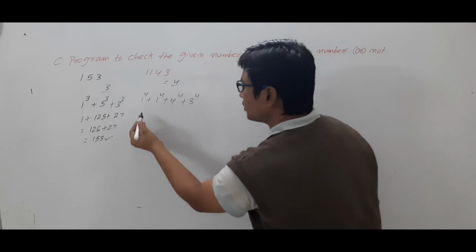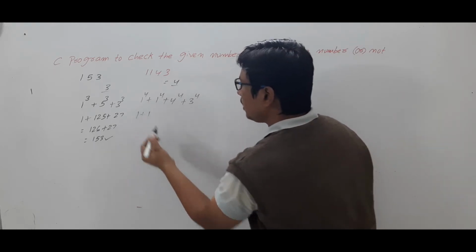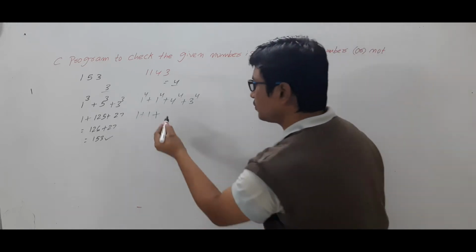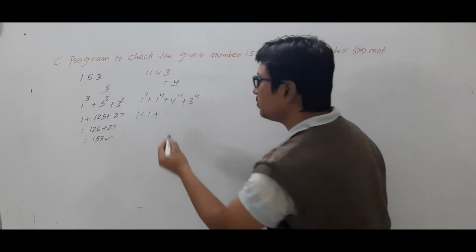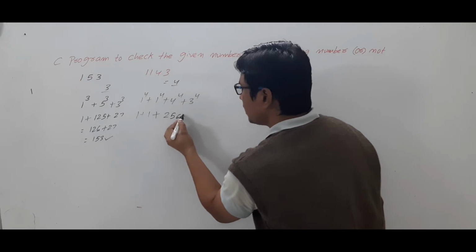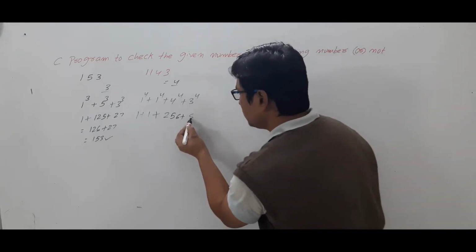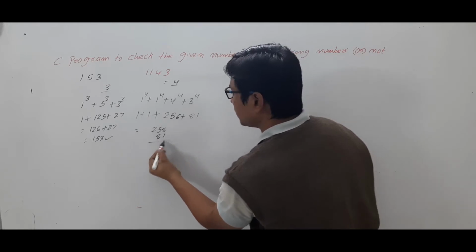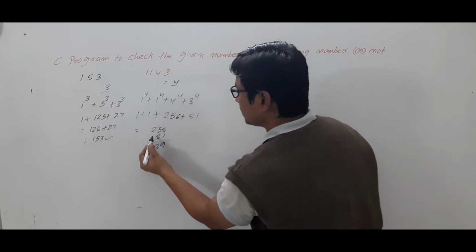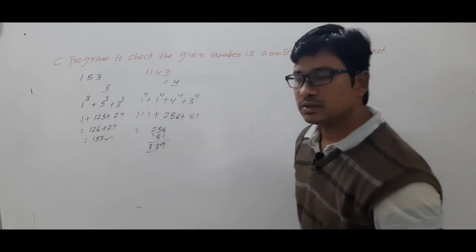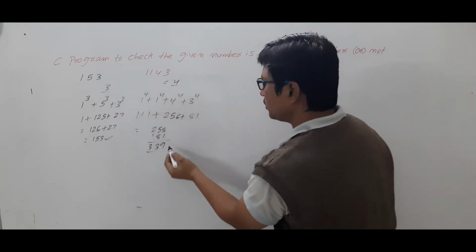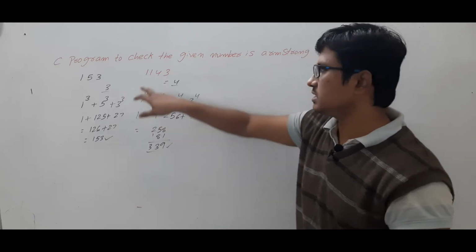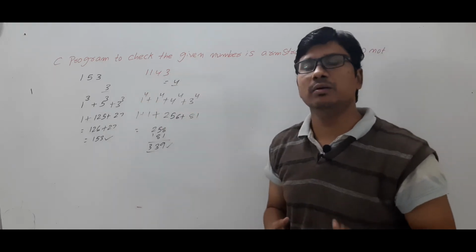So 1 power 4 is 1, 1 power 4 is 1, okay. 4 power 4 is 256, which is nothing but 2 power 8, and 3 power 4 is 81. So if you compute the addition, you are getting 258 plus 81, which is equal to 339. So after computing this, you are getting 339, which is not equal to the original number. So I can say that 1143 is not an Armstrong number.